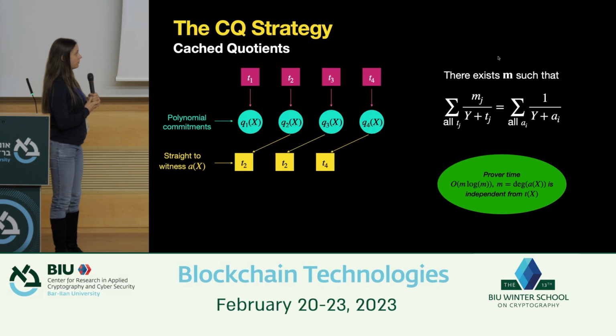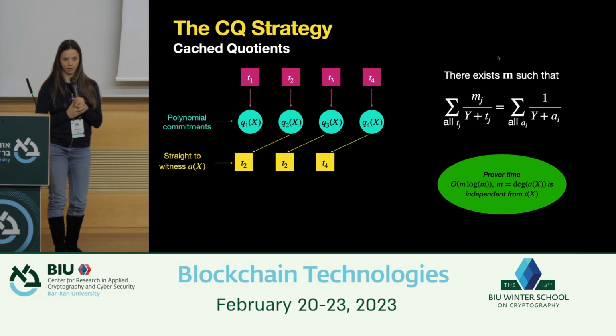And likewise, when we're summing over all ai, if ai contains a repeated entry, let's say a1 is equal to t2 and a3 is equal to t2, then you would just set m2 equal to 2, and this sum would still hold.